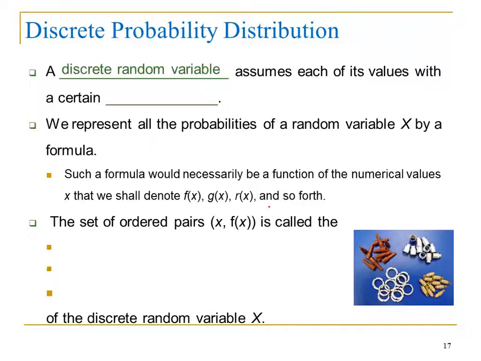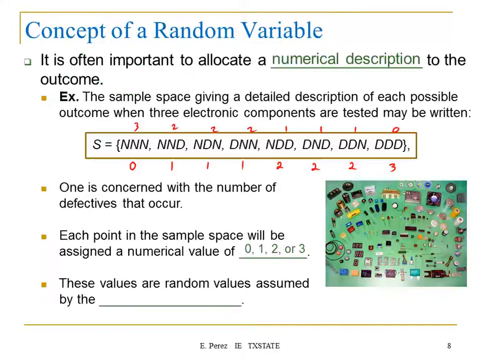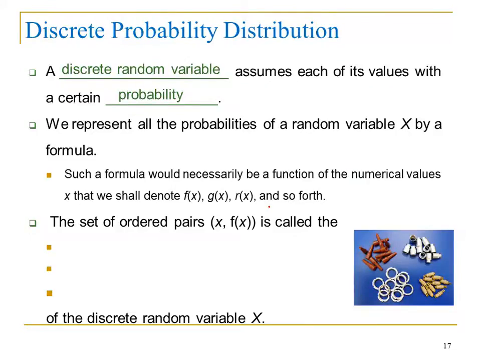So a discrete random variable assumes each of its values with a certain probability. Represent all the probabilities of a random variable x by a formula. Such a formula will necessarily be a function of the numerical x values, and we will just denote that function using one of these terms. The most common term that we use to denote the function is f of x.